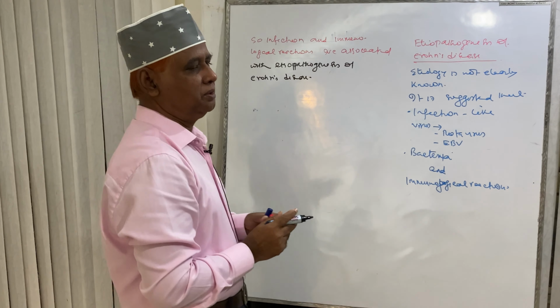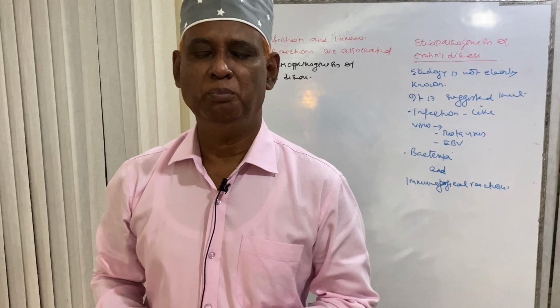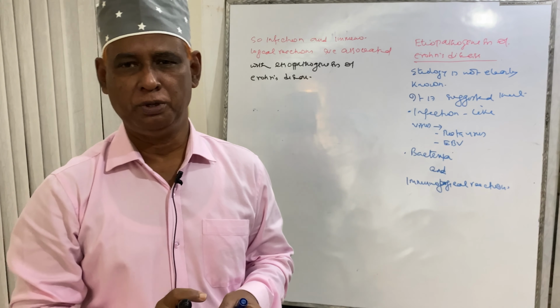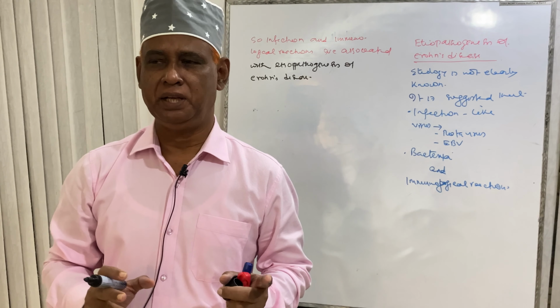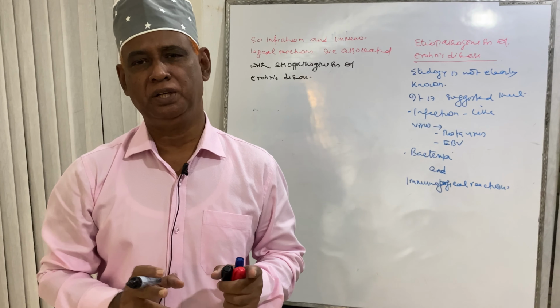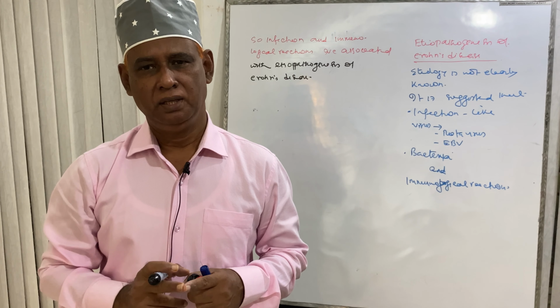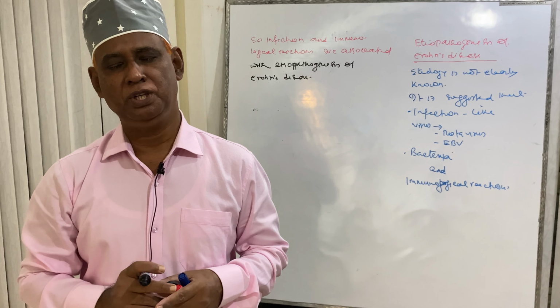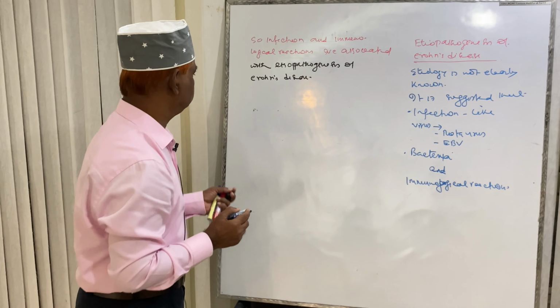Dear audience, now come to morphology of Crohn's disease. Before that, again I recapitulate. It may occur at any part of the GI tract from mouth to anus, but it commonly occurs in the terminal ileum.